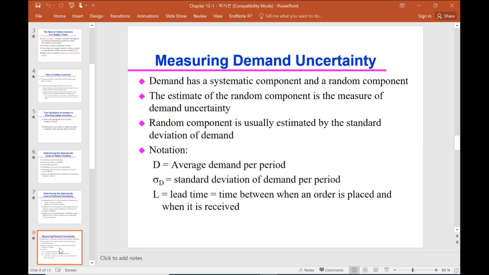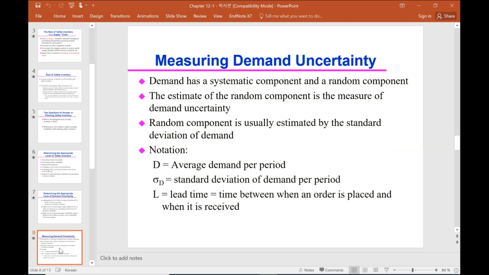When we talk about demand in cycle inventory, the demand is fixed and there's no uncertainty at all. Once demand is 100 in a year, then it's always 100. This is one of the assumptions of EOQ.